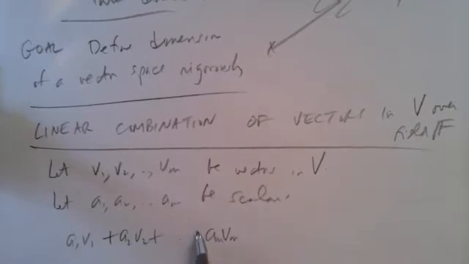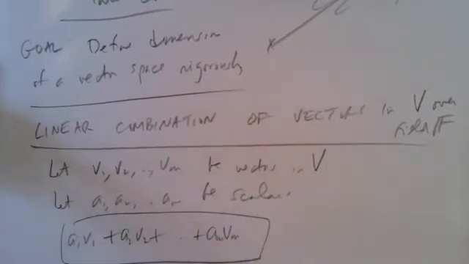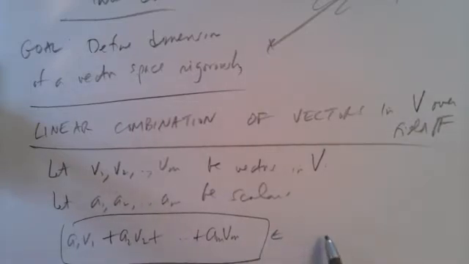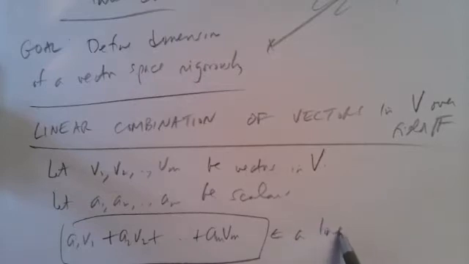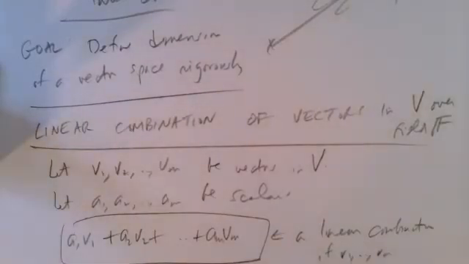And then I can add these vectors together. This is what is called a linear combination of the vectors V1 up to V sub M.